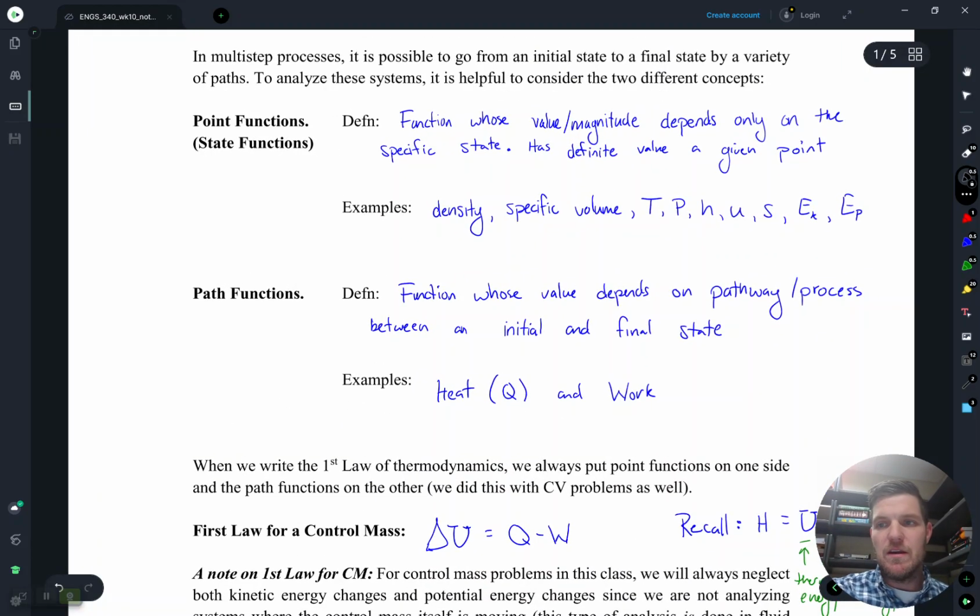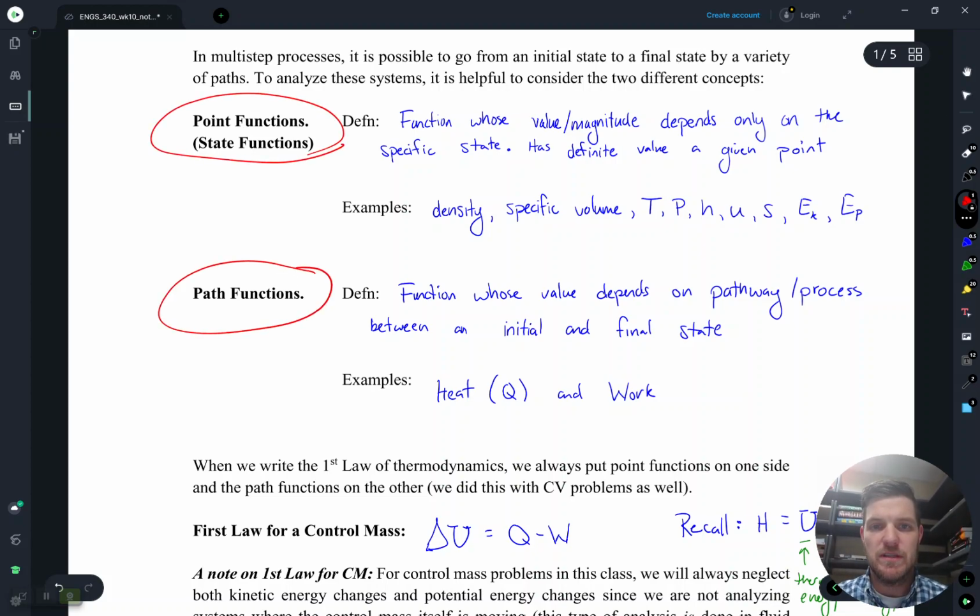So we're starting here with the difference between point functions up here and path functions. Point functions are functions where the magnitude depends on a specific state. So the types of things that we could look up in our tables, right? T, P, H, U, S, but also things like kinetic energy and potential.